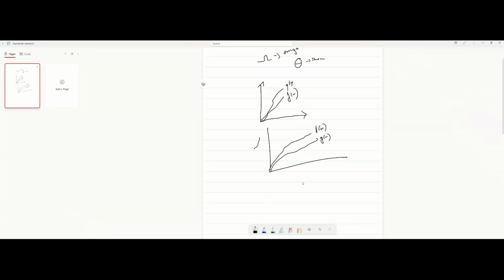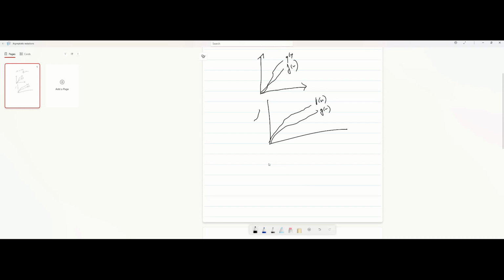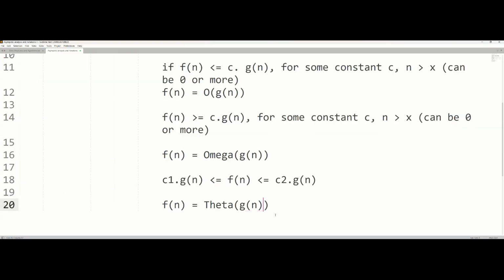And graphically this will look like this: this is your f of n, this is c1 into g of n, and this is c2 into g of n. I have very bad handwriting as well, but I just wanted to represent graphically and show you how these functions will look. So this is going to be the theta representation in a graph.